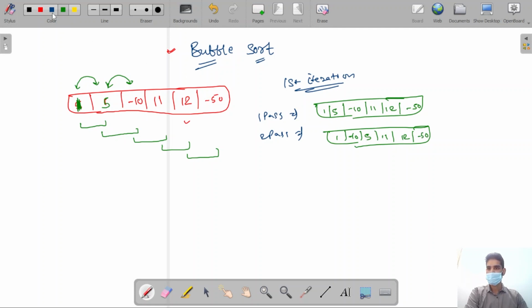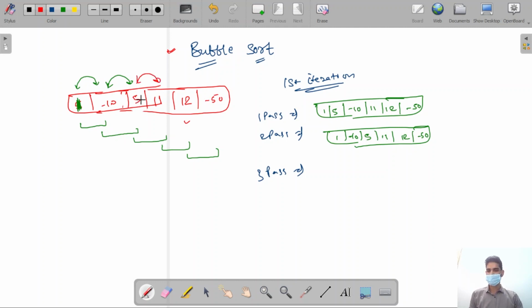Now the third pass. Minus 10 and 5 are compared, then 5 and 11.